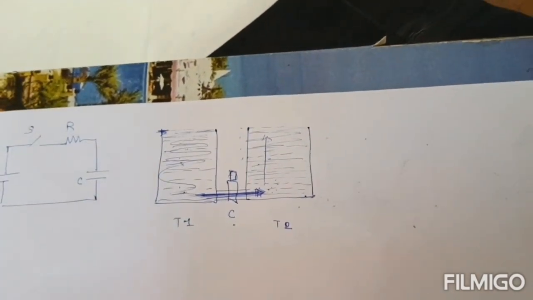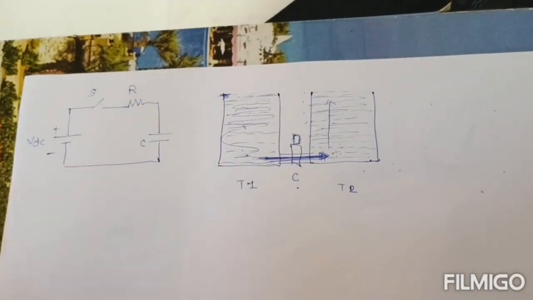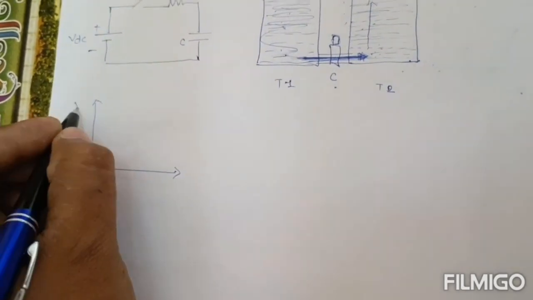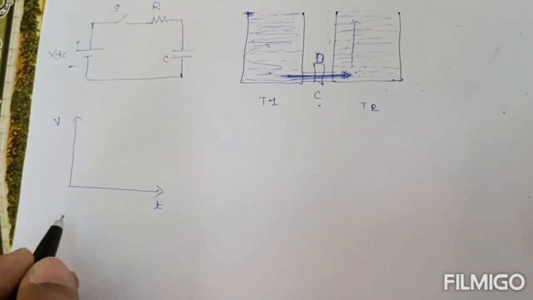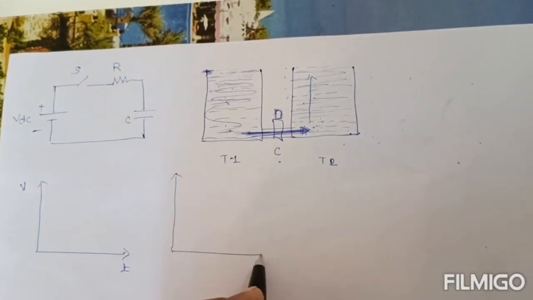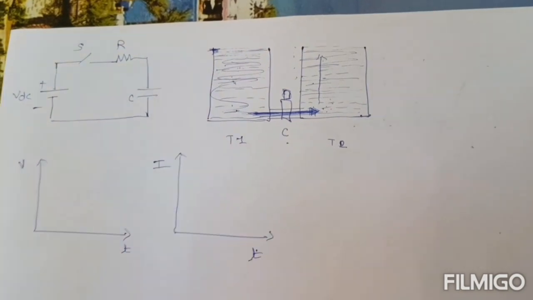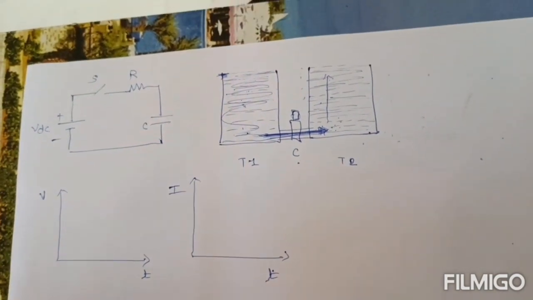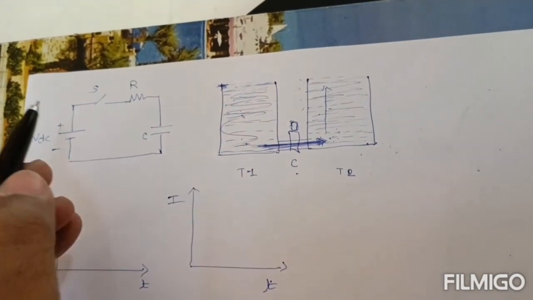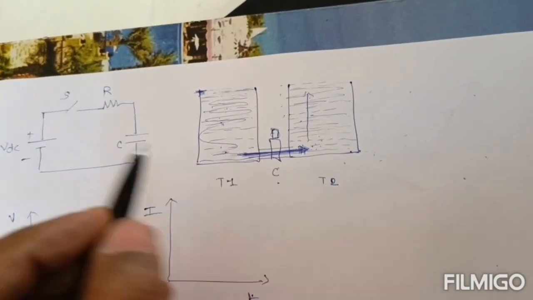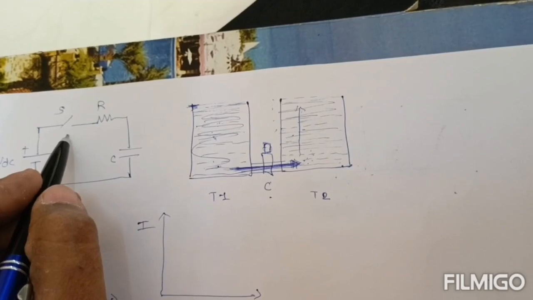Using the same concept, we'll try to understand what will be the voltage across the capacitor and current through the capacitor with respect to time. Now consider, initially the valve was closed. So in this circuit, initially the switch is open.